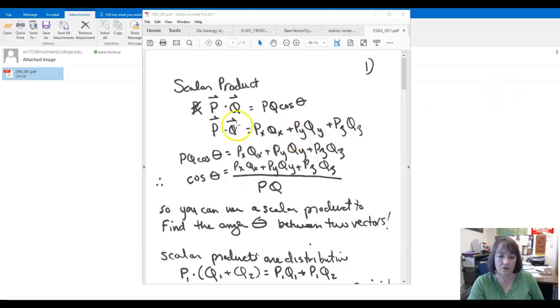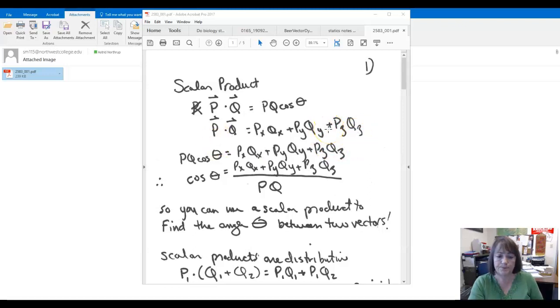One, the vector p dotted with the vector q, the value will equal the magnitude of p times the magnitude of q, times the cosine of the angle in between them. The same value will be found if you take the x components of those two vectors, multiply them, the y components, multiply them, and the z components multiplied together, then add all three.